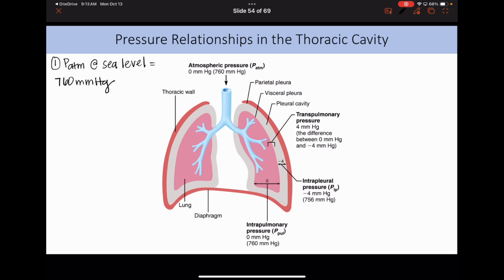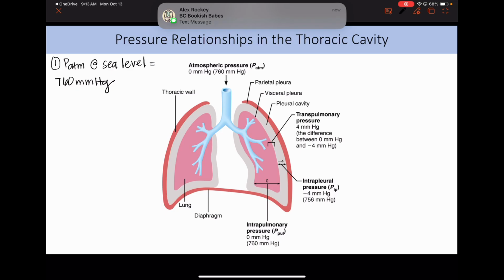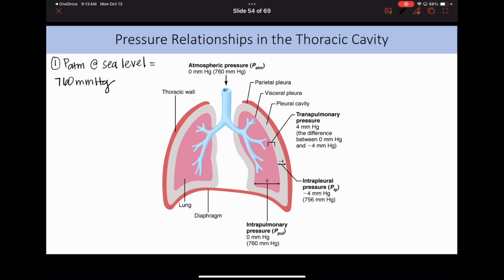However, it's harder to add and subtract numbers to and from 760 than it is to 0. So when we're talking about pressures of the thoracic cavity and the respiratory system, we actually set 760 as our base. So we actually set this to 0, which makes the math a lot easier.